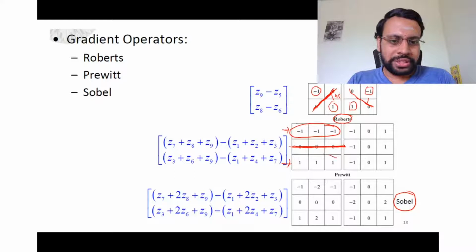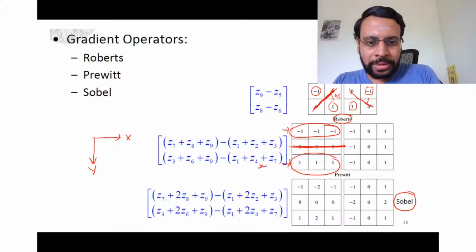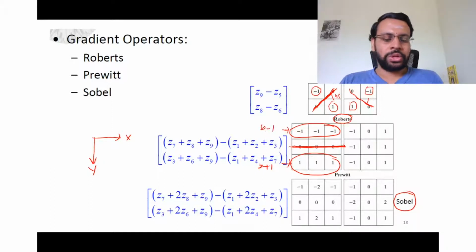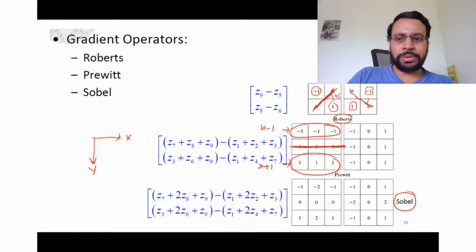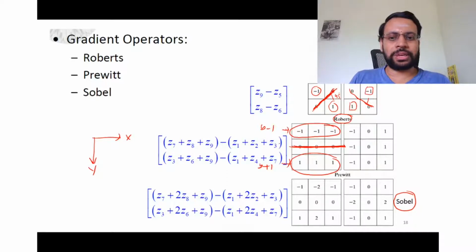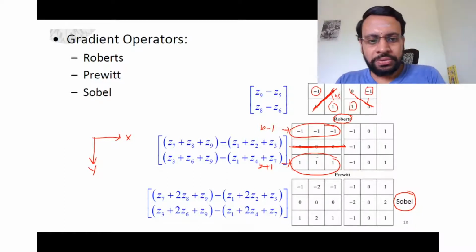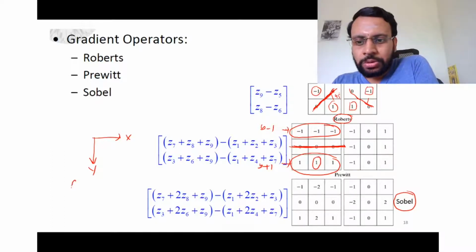This is at y plus 1 and this is at y minus 1. So you could see that this index would be y plus 1 here and this index would be y minus 1.